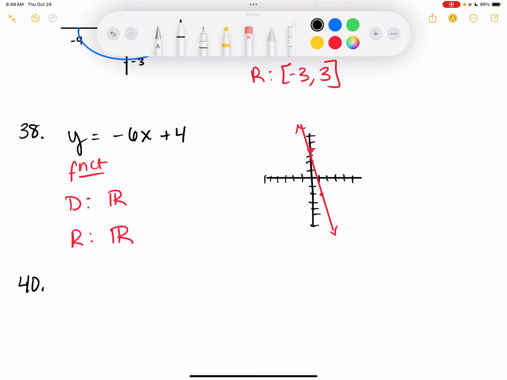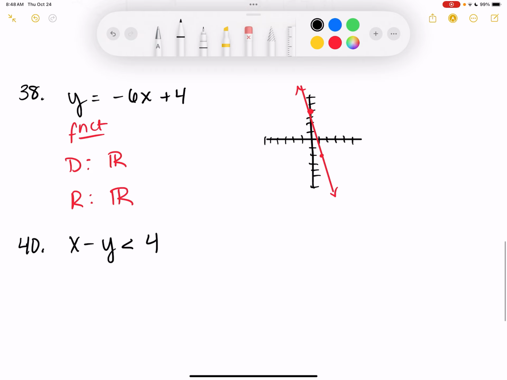All right, 40: x minus y is less than 4. So I would suggest getting y by itself because that obviously makes it the easiest to graph. So subtract x, so negative y is less than negative x plus 4. Divide by the negative. What happens when I divide by a negative with the inequality? You flip it.